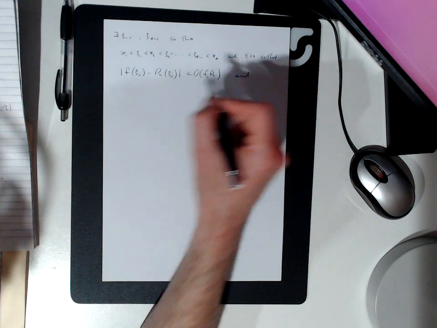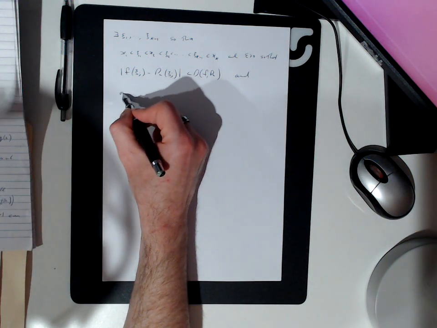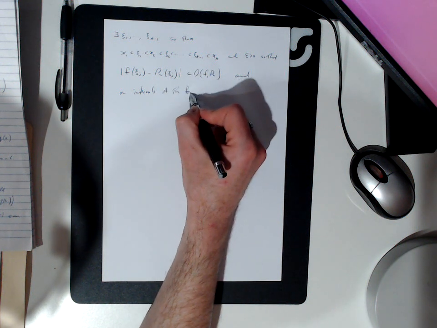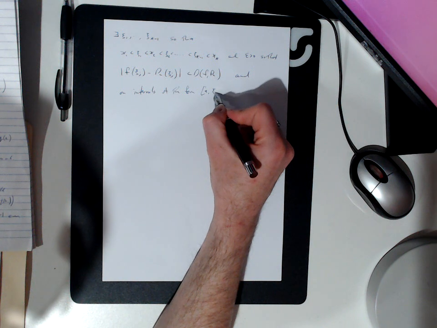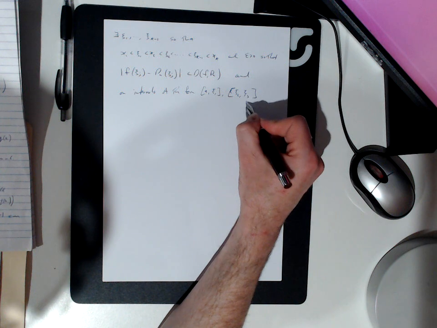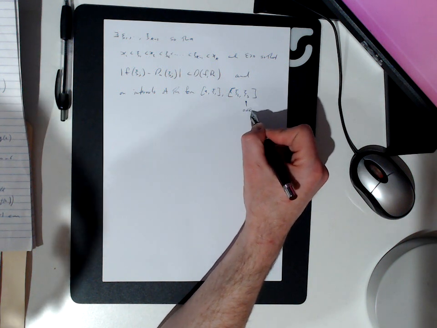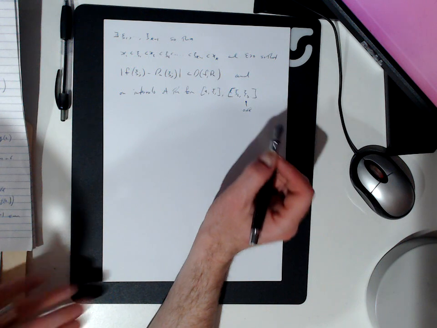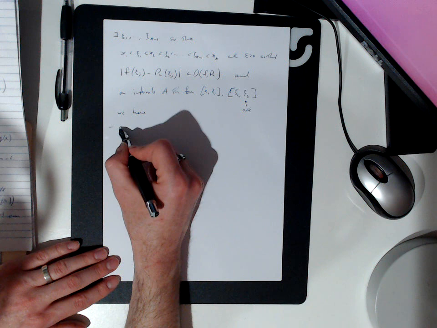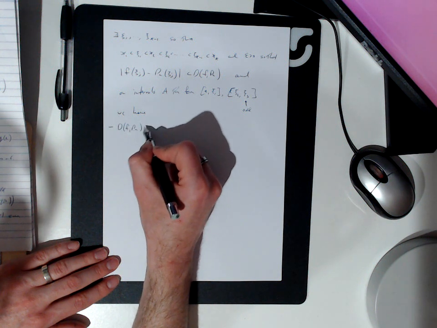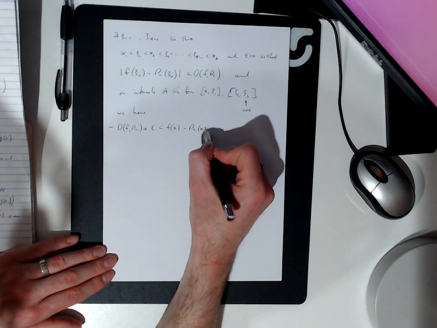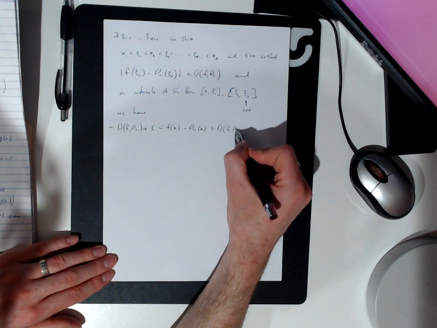And on intervals of the form [a, xi_1], [xi_2, xi_3], so these are intervals that end with an odd number, we have minus d(f, P_n) plus our epsilon is less than f(x) minus P_n(x) less than or equal to d(f, P_n).